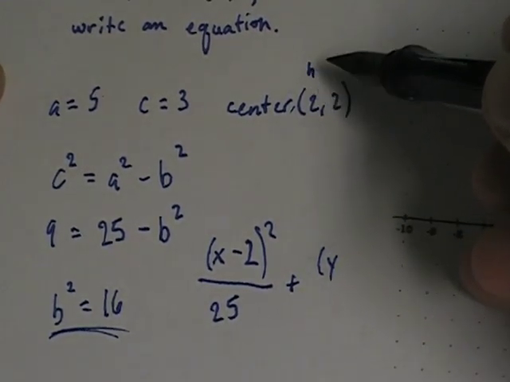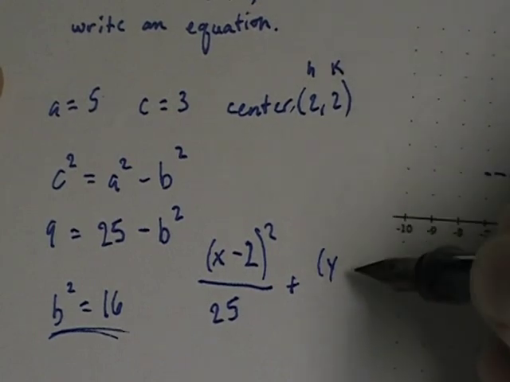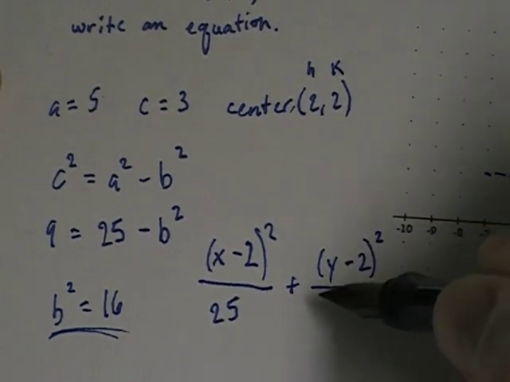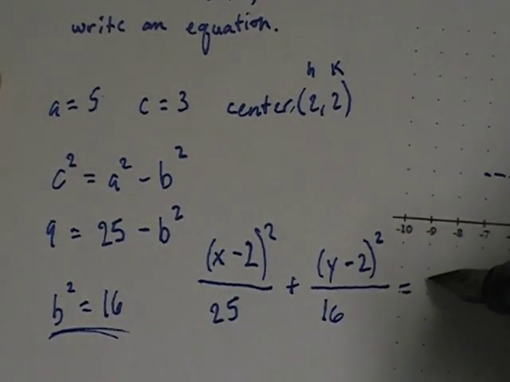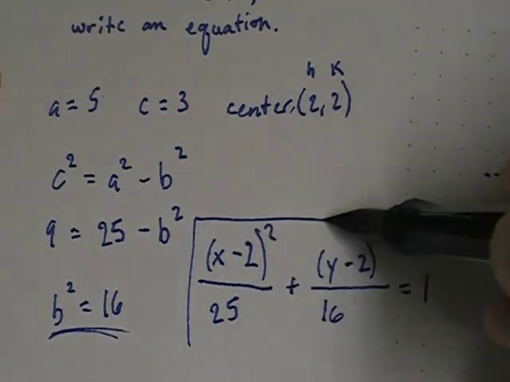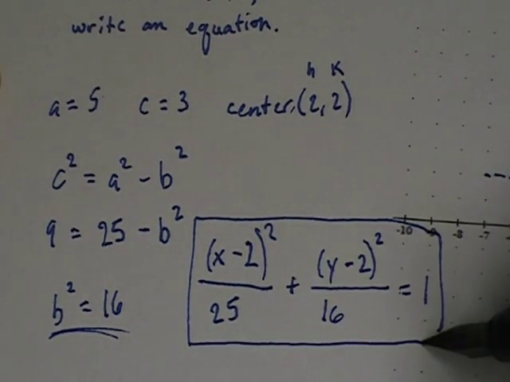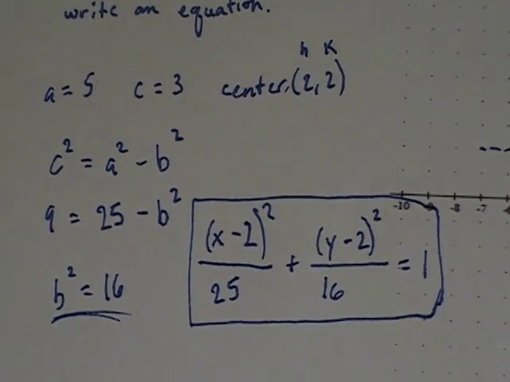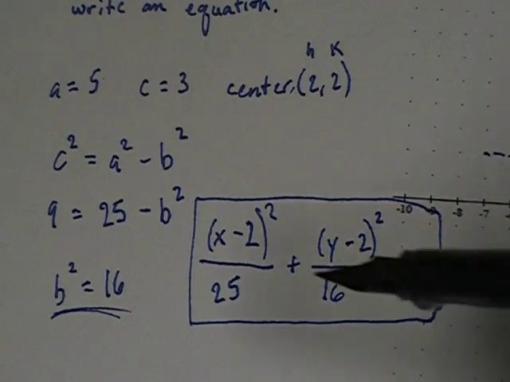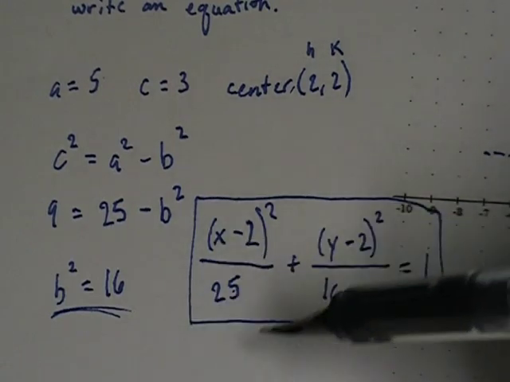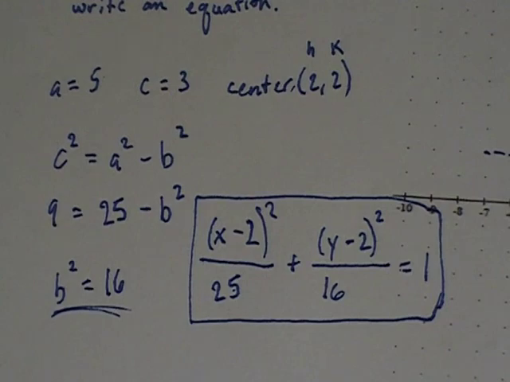This is H and this is K, over B squared, equals 1. And there's our equation for our ellipse. So I think it's useful to sketch this out. You don't have to, but it lets you see that the major axis is in fact horizontal, which means the larger number will be under X.